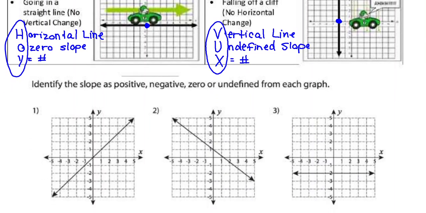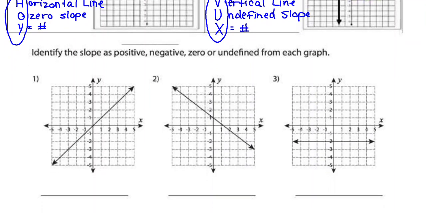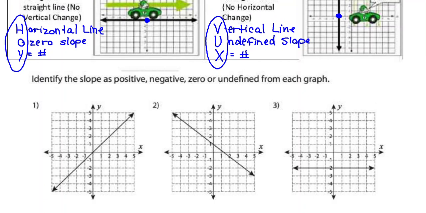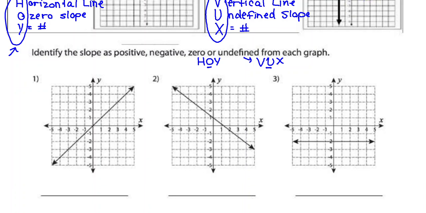So let's look. Identify the slope as positive, negative, zero, or undefined. So the zero slope, if we look up here, zero slope is the HOI, and an undefined slope would be a VUX for the U for undefined and the O for zero. So let's look at the first one together.